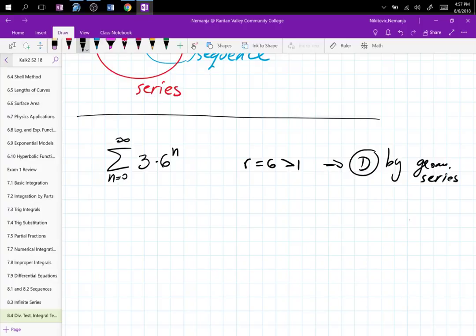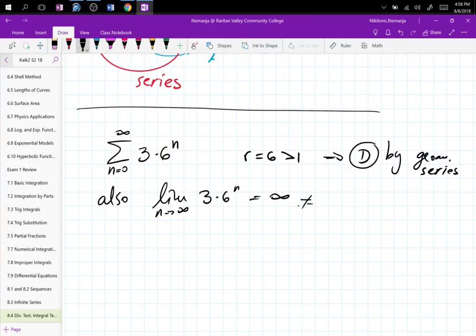So that's that. But now in this case, we can also take a look at the limit as n goes to infinity of 3 times 6 to the n, and you will see that the answer for that is infinity, because if n goes to infinity, 6 to the n goes to infinity times 3. So it's infinity, which is not 0, which leads to the same conclusion, this time by divergence test.